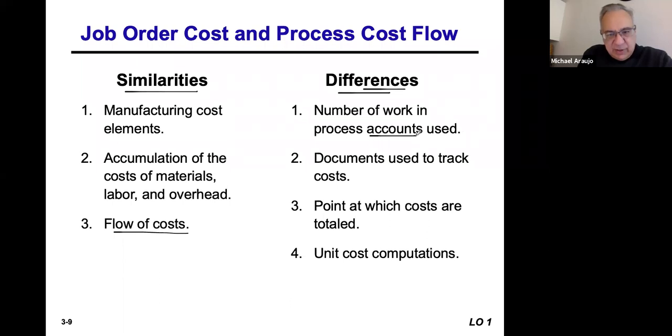The documents used in process costing are different from the documents for job order costing in Chapter 2. The point at which all those costs are totaled up is a little different. And because you're making very similar products with very similar amounts of materials, labor, and overhead, we actually calculate the unit cost differently. You'll see that next week.